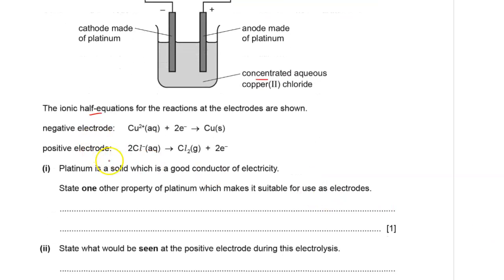Platinum is a solid, which is a good conductor of electricity. State another property of platinum which makes it suitable for use as an electrode. We know that platinum resists reactivity, so we usually say platinum is inert. Platinum is inert.